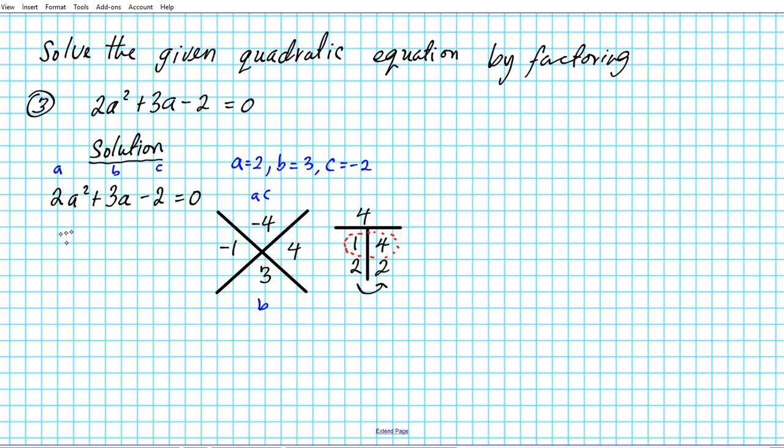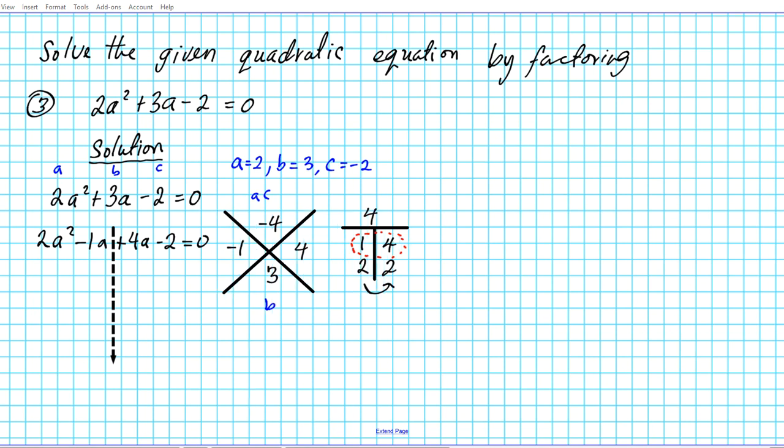These are the 2 terms we're going to input into our quadratic trinomial. So we have 2a squared minus 1a plus 4a minus 2 equals 0. Now we're going to proceed to partition our quadratic with 4 terms down the center and factor by grouping.